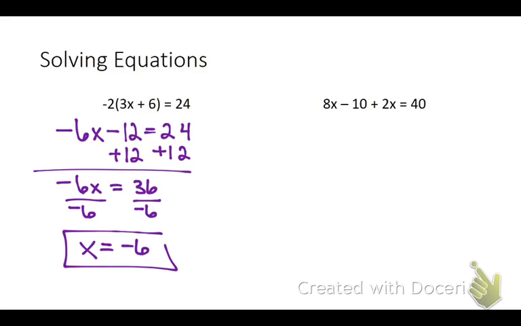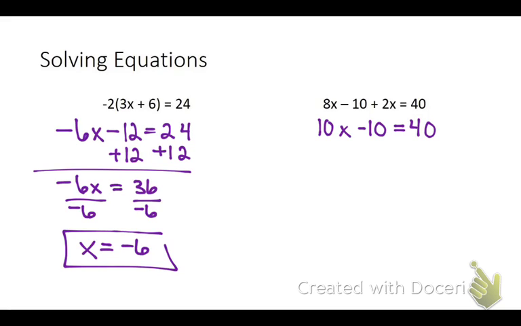One of the common pitfalls that we see here is we get confused on which term is negative. So out of these three terms, which term is negative? 10. 10 is negative. So when I'm combining 8x and 2x, that's 10x. 2x is positive. All right, the negative is attached to the 10. So now I have 10x minus 10 equals 40.